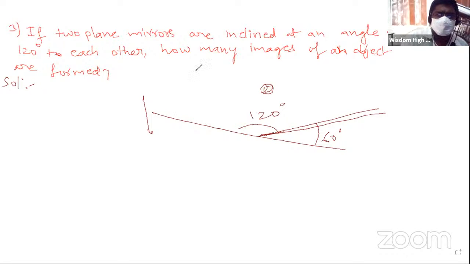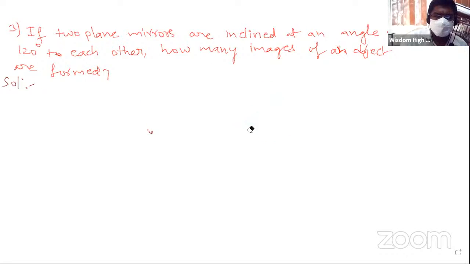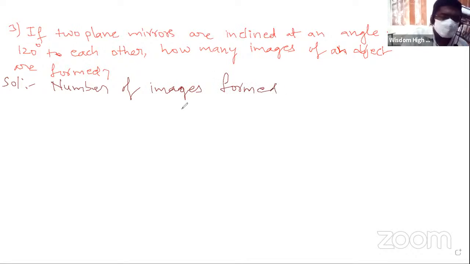Now let's go for the solution. Number of images formed means n equal to 360 by theta minus 1. This is the formula.